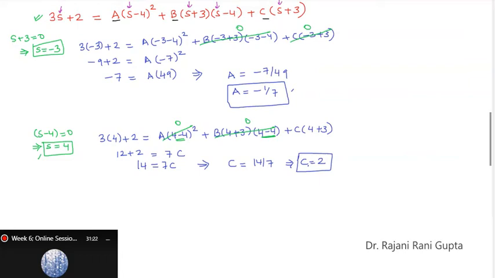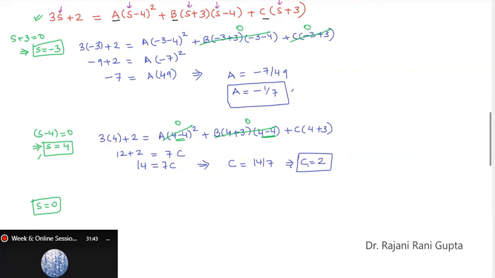To keep it easier, start with 0 if it is not used before. Suppose s equal to 0 is already used, then you can go for 1. If 1 is already used, go for minus 1, and so on. But again I am repeating, if you select any other value of s, you will get the same solution.